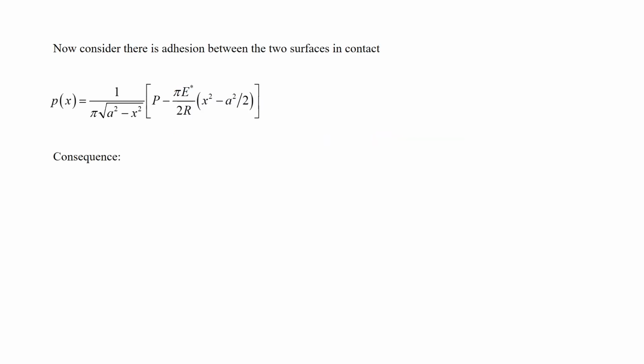So here, for example, this is the pressure distribution between a flat plate and a cylinder in contact, and some load is applied over here. Now, there is adhesion between them. If I magnify this part, it will look something like this.